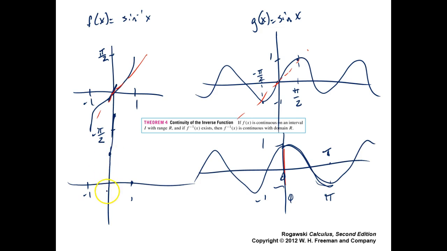Right here. And then do pi, negative 1. So that would be negative 1, pi. So if that's pi here, then at the endpoint you have something like that.